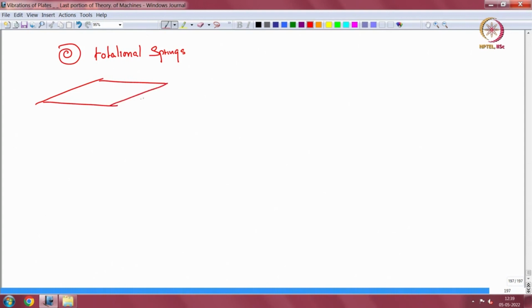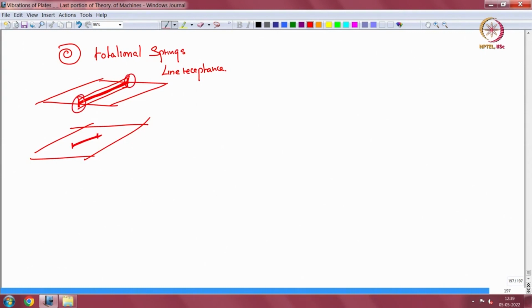You have a plate and you want to stiffen along an entire dimension using a beam or something. You can do that using line receptance. You cannot do it if it is a part. If it is along the entire dimension, then you can do it because this boundary condition is known. It is the same boundary condition as that of the plate, then it is doable.